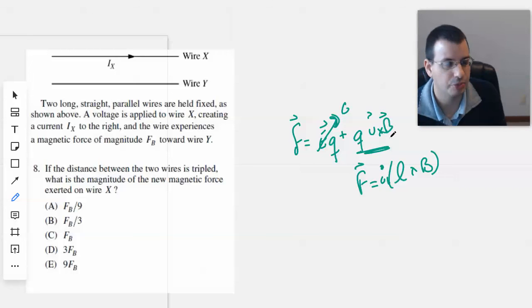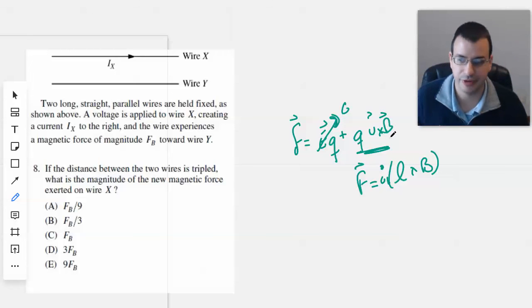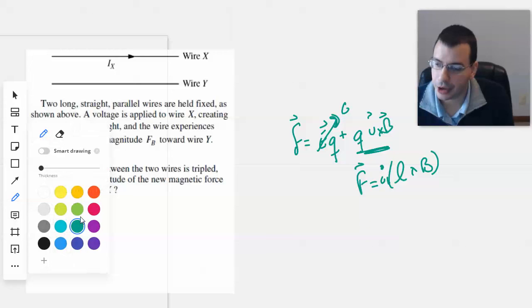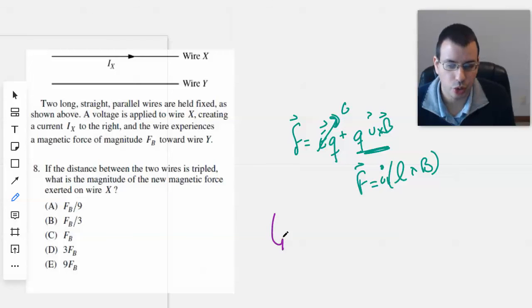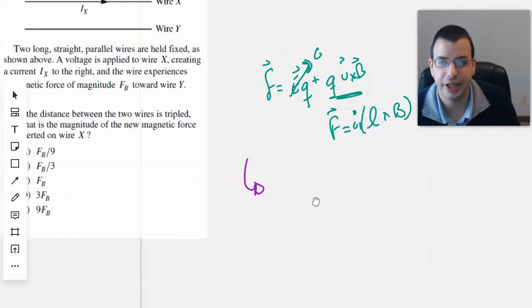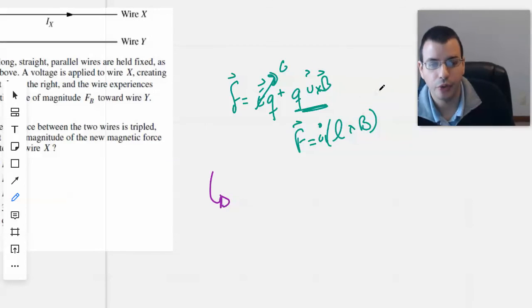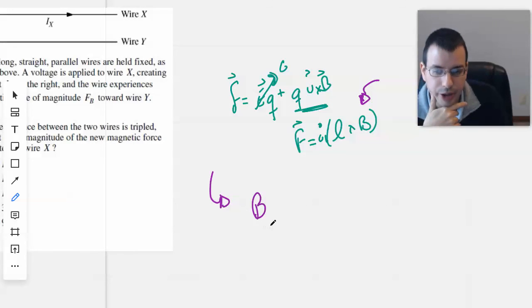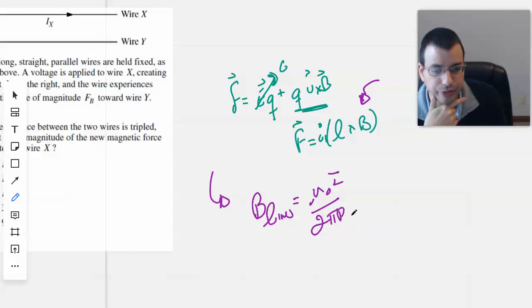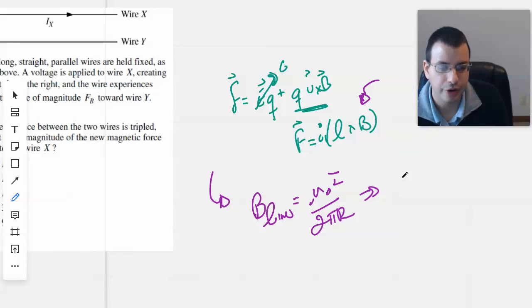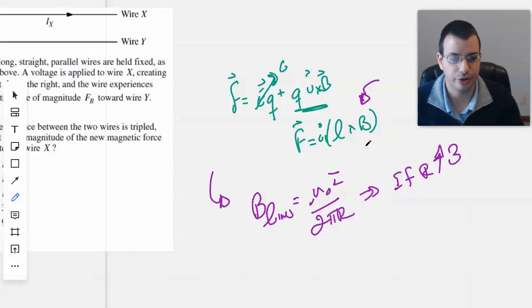But I like to use this one more because it intuitively makes me feel better. And we know the magnetic field due to Y is, so what we want to do is find out how B changes. So the magnetic field due to a line equals mu naught I over 2 pi r. Therefore, if r increases by 3, the magnetic field will decrease by 1/3.